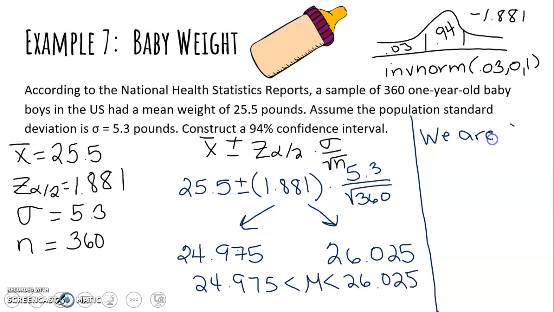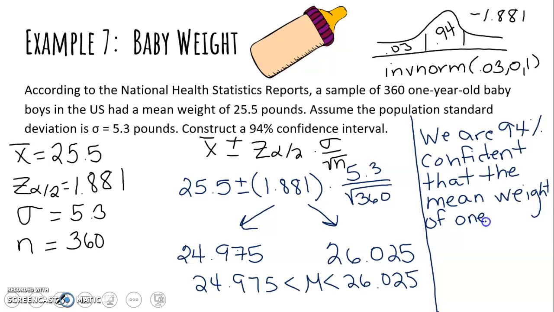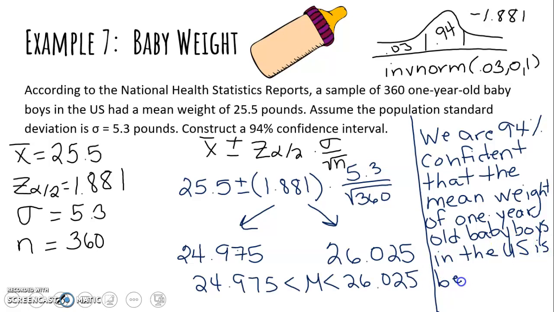We are 94% confident that the mean weight of 1 year old baby boys in the U.S. is between 24.98 pounds and 26.03 pounds.